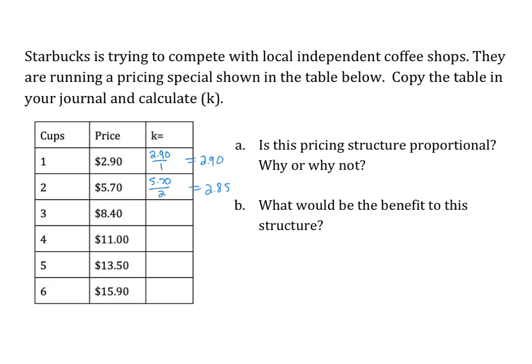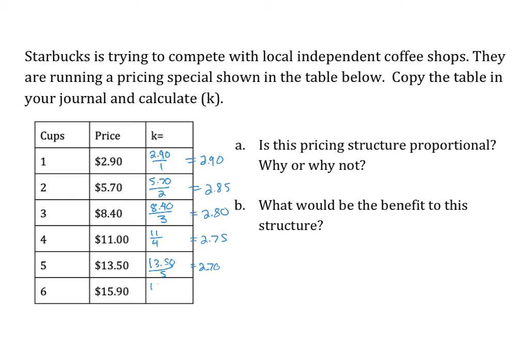I can do 840 divided by 3, and I'll come up with 280. I can say 1100 divided by 4, and I'll come up with 275. I can say 1350 divided by 5, I'll come up with 270.